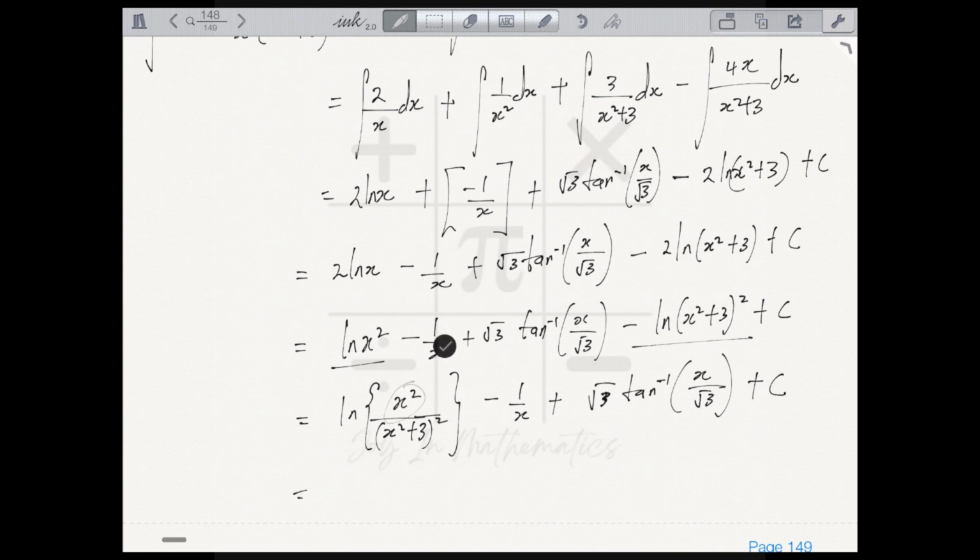Since this is x squared and this also is squared, we can now rewrite to give us x squared into (x squared plus 3), and everything will be squared, minus 1 over x plus root 3 arctan of x over root 3 plus c.